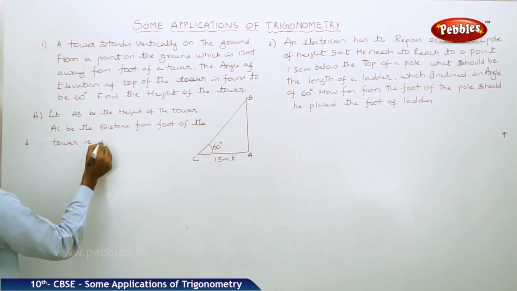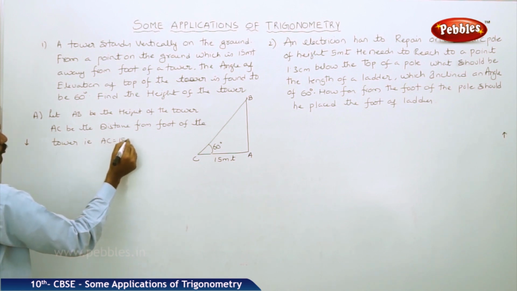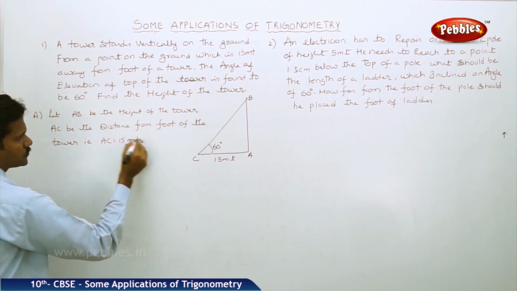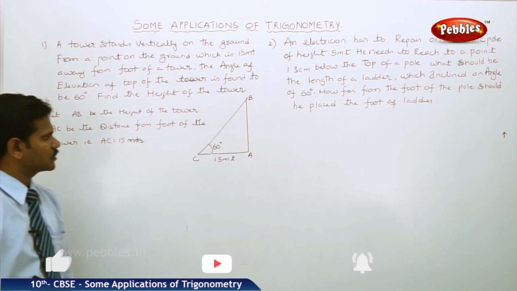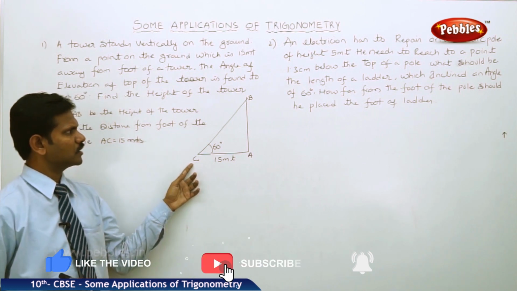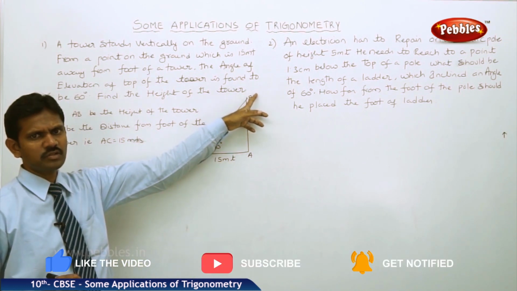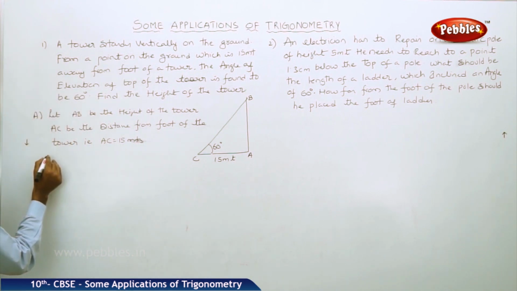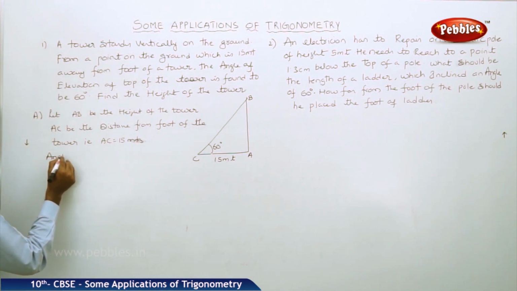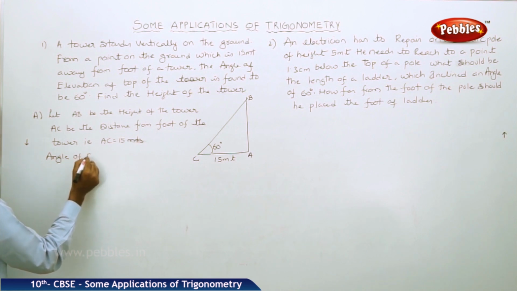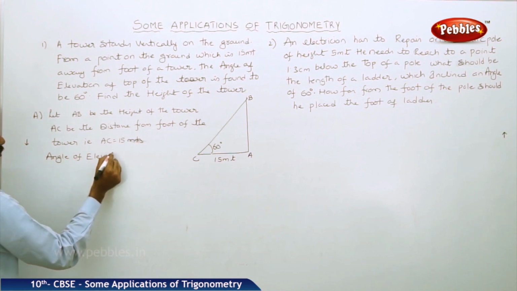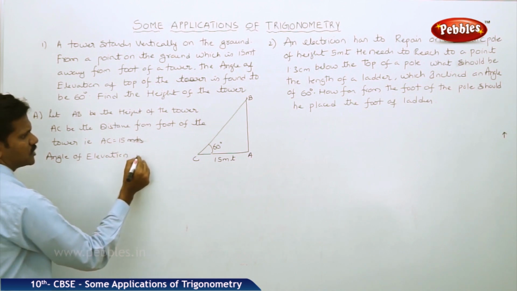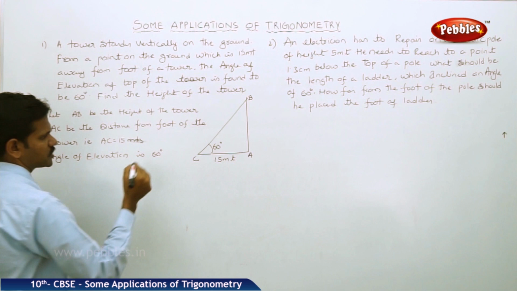That is, AC is equal to 15 meters. Next, from point C, the angle of elevation to the top of the tower is 60 degrees. That is, the angle of elevation is 60 degrees.